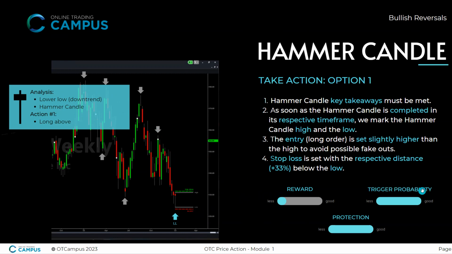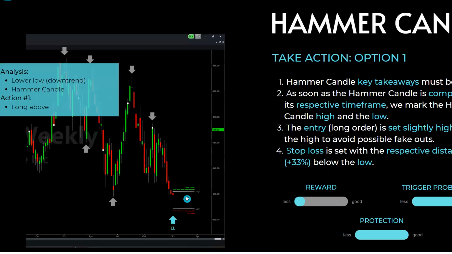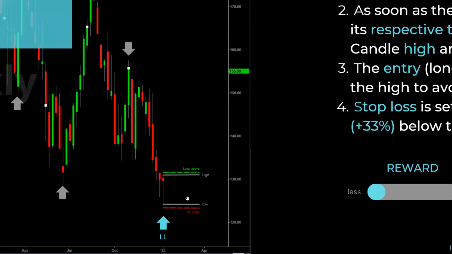Fine. The trigger probability, that means here the entry is good. It's perfect. Why? It makes so much sense that we are filled. The probability is so high that we are filled, because the next candle, if it's a weekly time frame, the next Monday, we will trade above the hammer candle. Then we are filled. That's very easy to be filled. We don't have to wait for anything else.